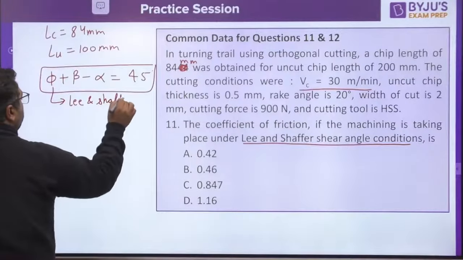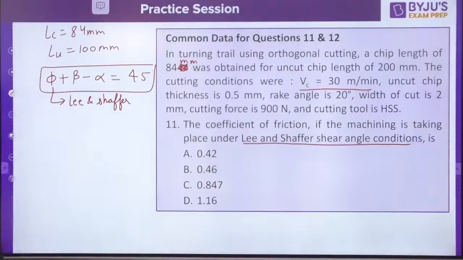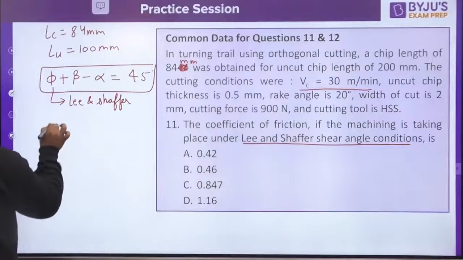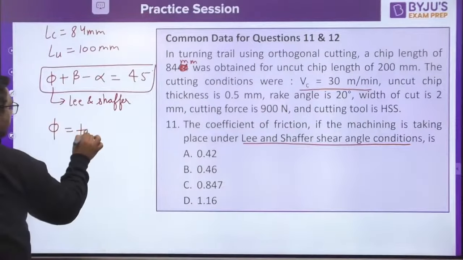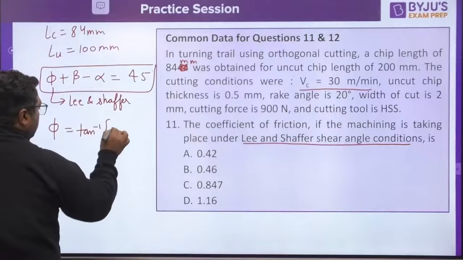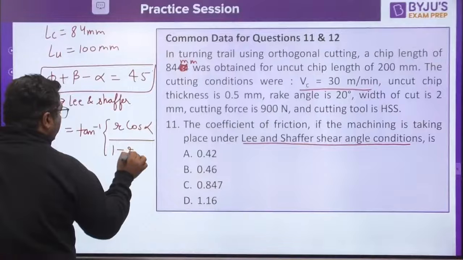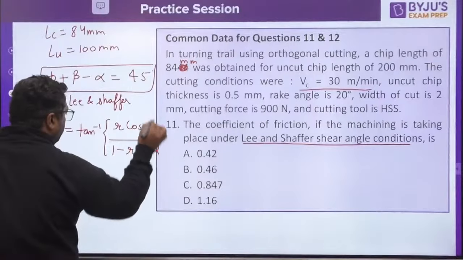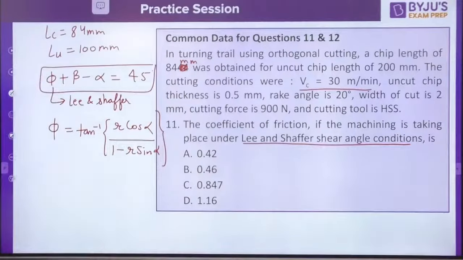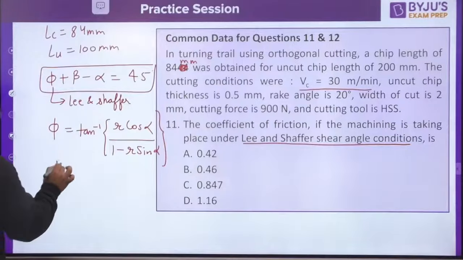So my dear, first of all, you need to find the phi, that is tan inverse of r cos alpha by 1 minus r sin alpha. Apply this and find the phi first. Once you get the phi, you will get the beta.